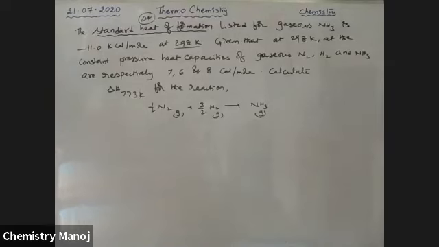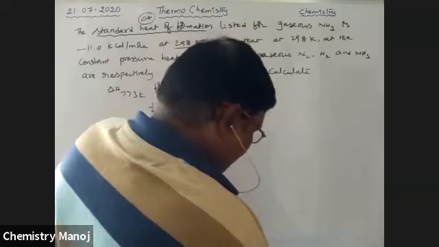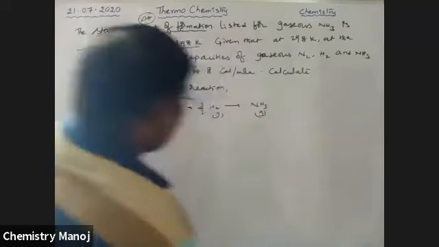Calculate delta H at 773 Kelvin for the reaction. Same model. First of all, calculate the delta Cp value, Cp of products minus Cp of reactants, multiplying by the coefficients also.